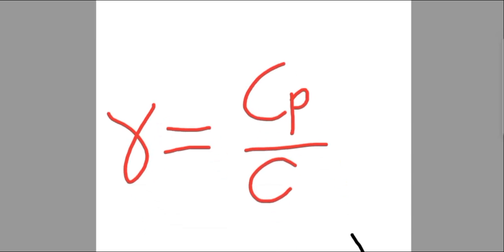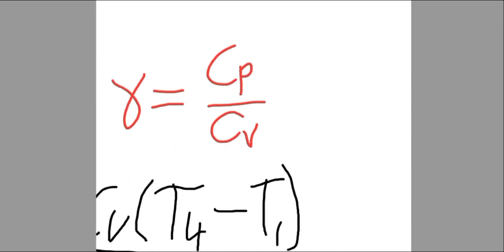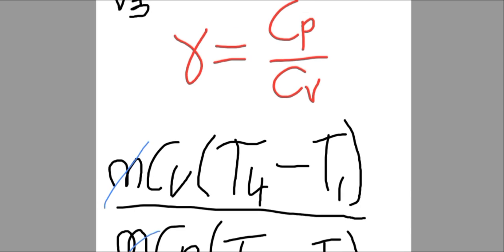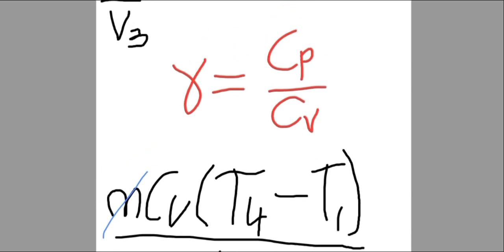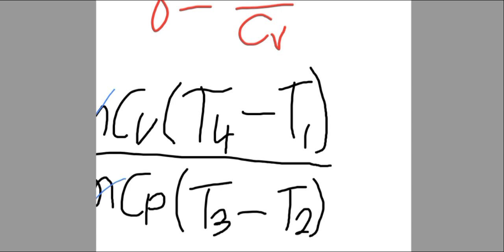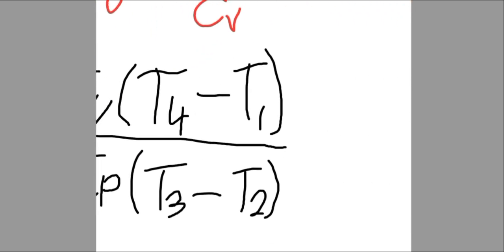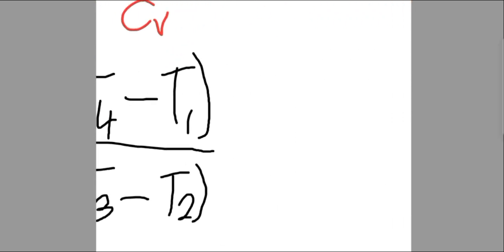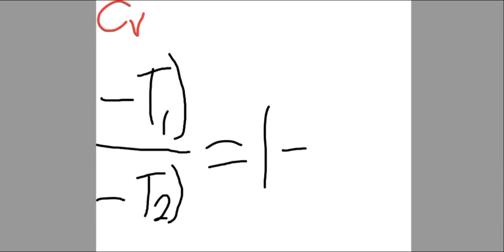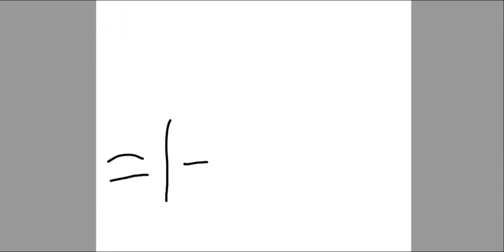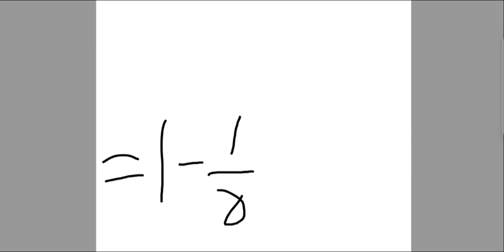And we know that that gamma is equals to 1.4 that we have been using in our equations. So therefore, if Cp over Cv is equals to gamma, therefore Cv over Cp can give us 1 over gamma. So therefore, we are going to write this as efficiency is equals to 1 minus, we have 1 over gamma, which is our Cv over Cp.